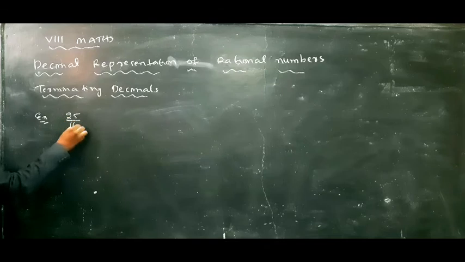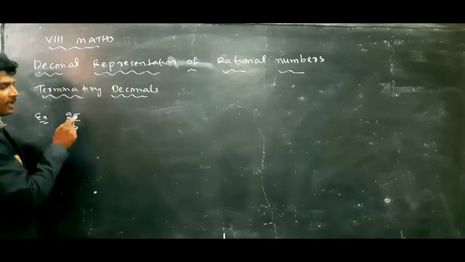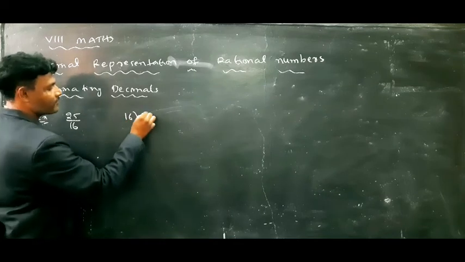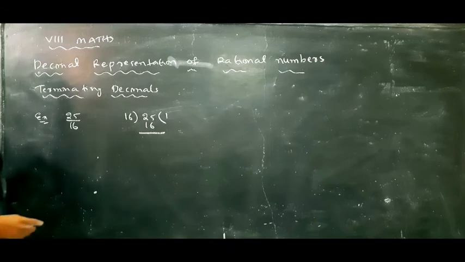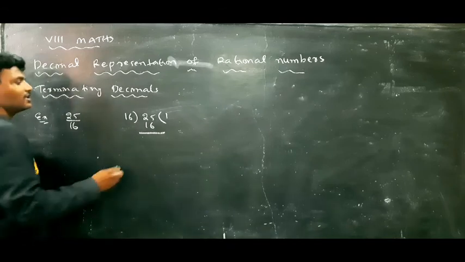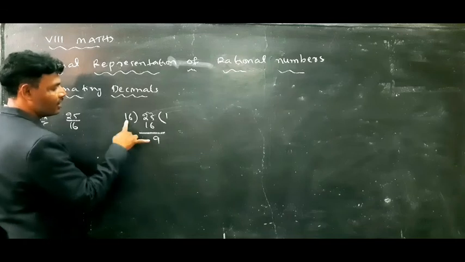Here 25 by 16. It means divide 25 by 16. 16 ones are 16. What is the remaining here? 9.